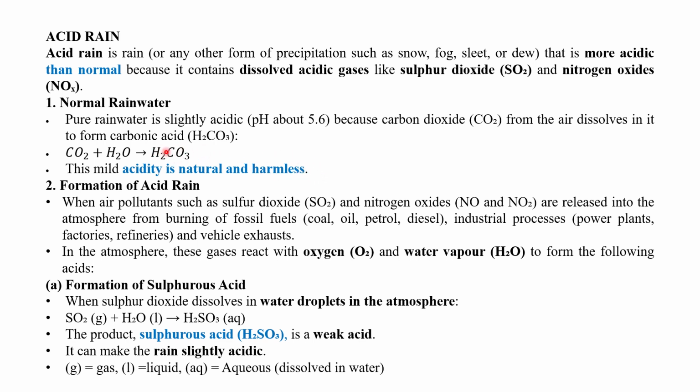Whereas we can see the other gaseous pollutants like sulfur dioxide and oxides of nitrogen, how they are going to create the acid rain. Let us see the formation of acid rain.